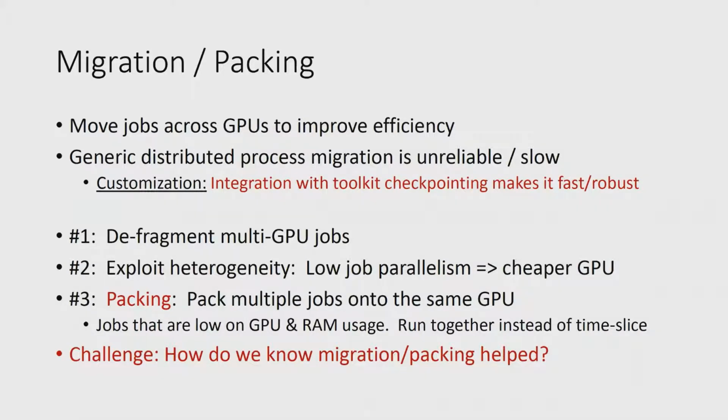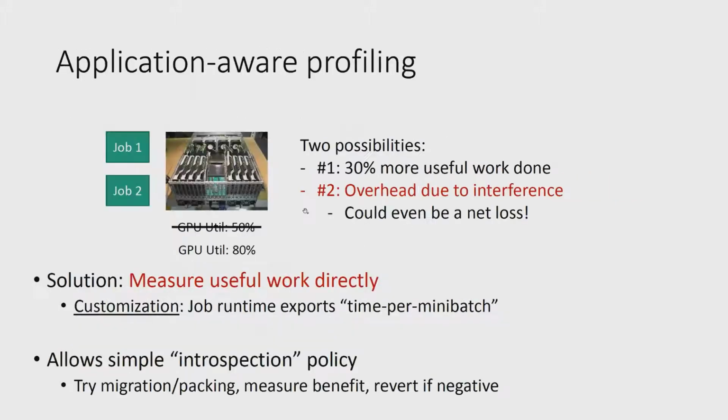If the utilization is very low, which means these two jobs do not require much GPU computation or much RAM, then I can co-locate these two jobs together on a single GPU. And that will help to achieve a higher throughput.